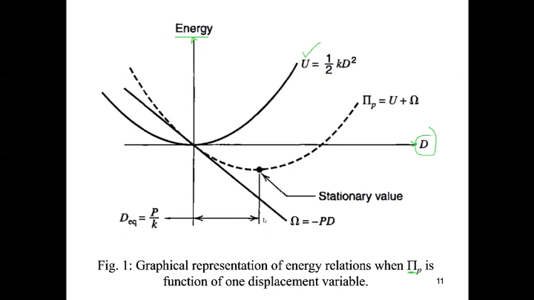The straight line is the potential energy, and the dashed line is the total potential energy. The stationary value is located at distance d equilibrium equals P over k. The stationary value is the minimum value of the total potential energy. Can you prove it?